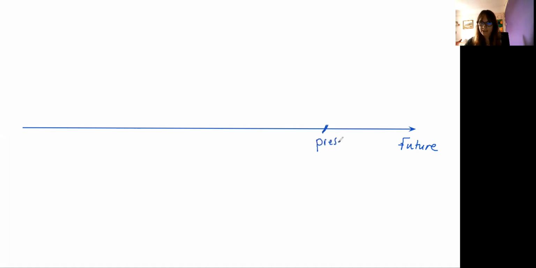That's the present tense, what is happening right now. And then you have the past tense here, so past time frame, which is either the imperfect or the perfect. And then in the past of that past, we're going to have the pluperfect here.